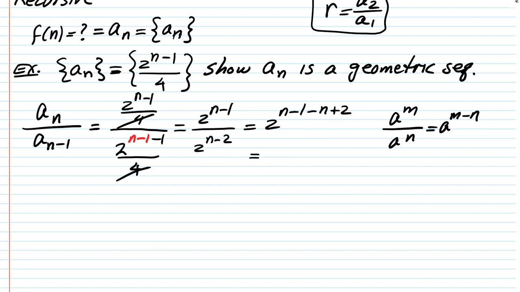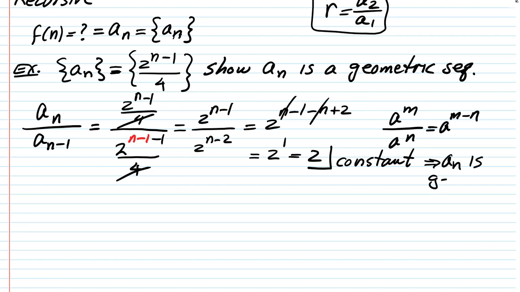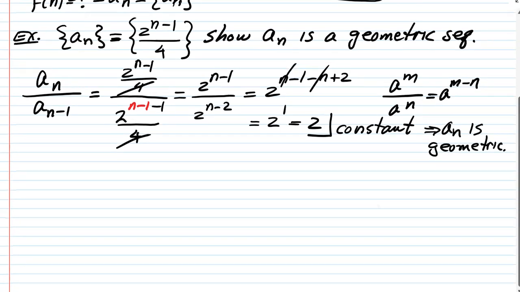And when I do this, I get 2 to the first, right, which is 2. So the common ratio is going to be 2. And because it's a constant, there you go. And we just proved that this sequence, a sub n, is geometric.